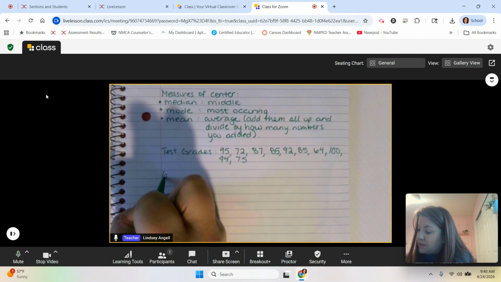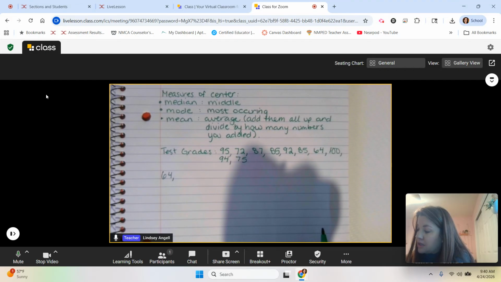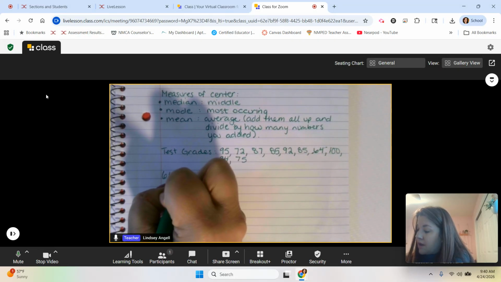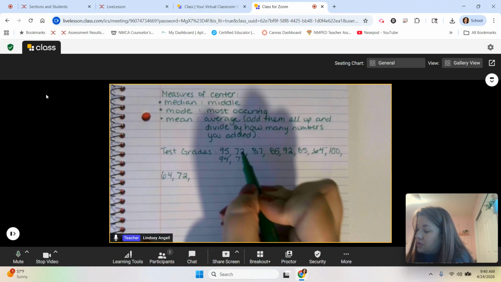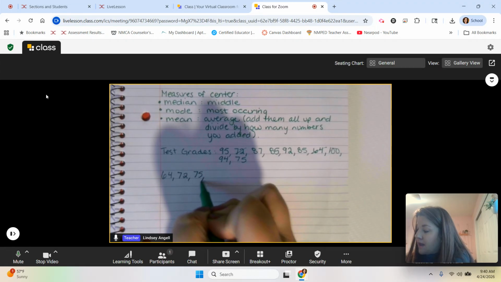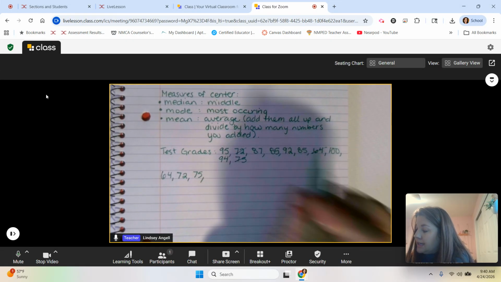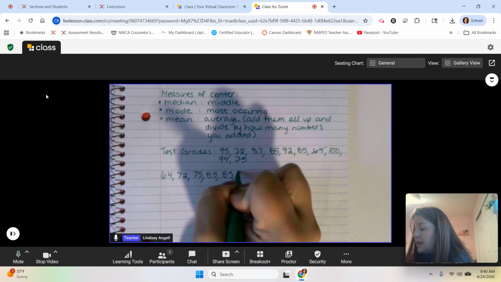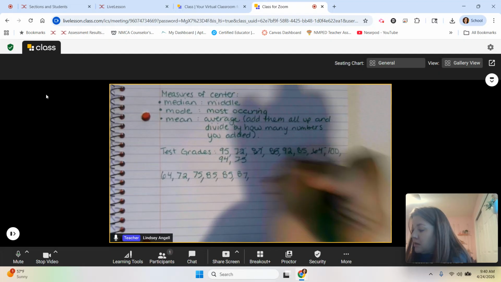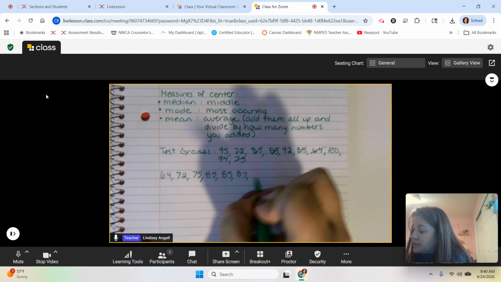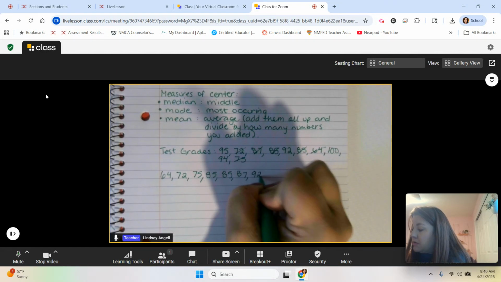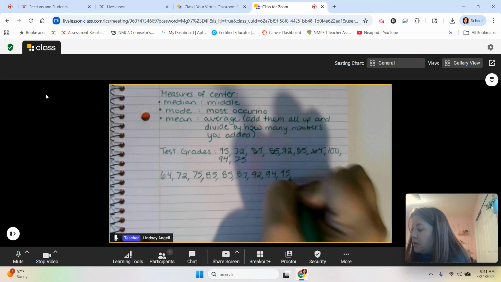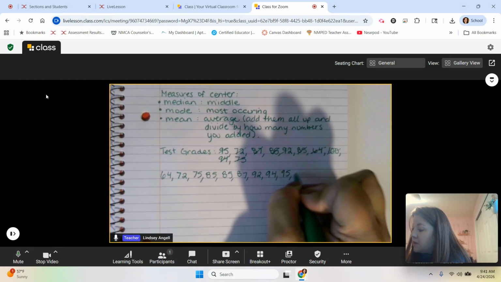So in this case, we've got 64 looks like the lowest. And then I like to mark them off as I go so I make sure that I grab everything. 72, 75, I see two 85s, and then an 87, and then next looks like a 92, 94, 95, and 100.